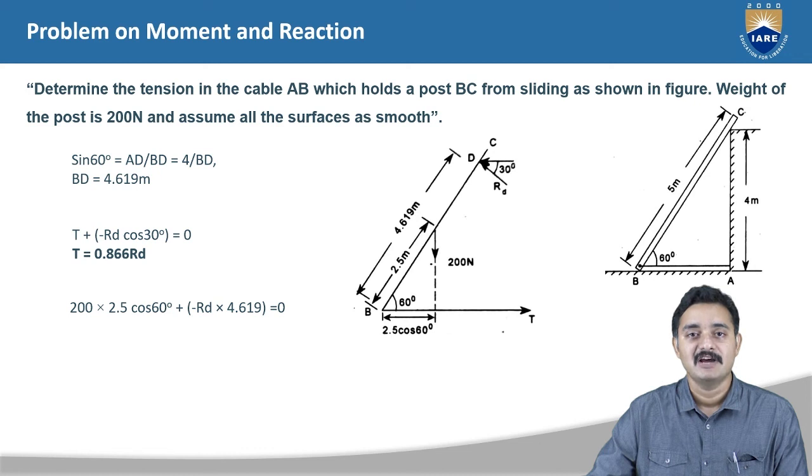Simplifying this, we get the value of Rd as 54.124 Newton. Now, substituting this Rd value in the tension equation, we get T is equal to 46.87 Newtons. Thus, the tension in the cable is 46.87 Newtons.